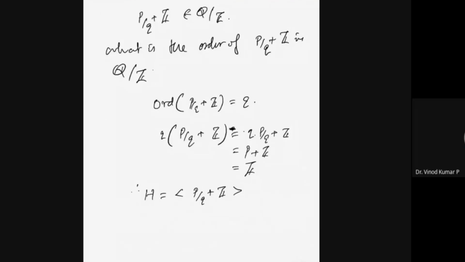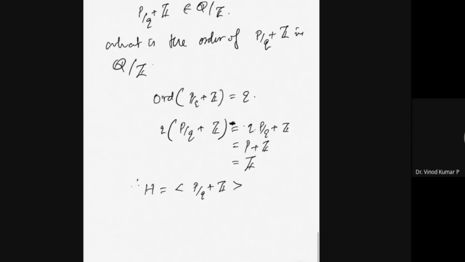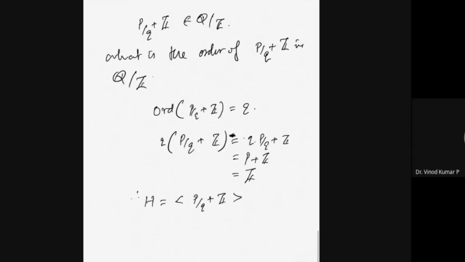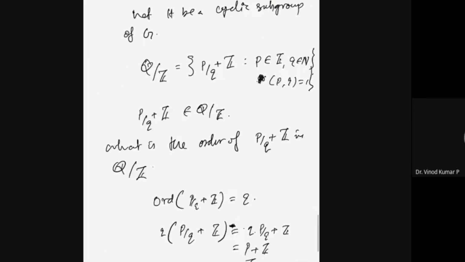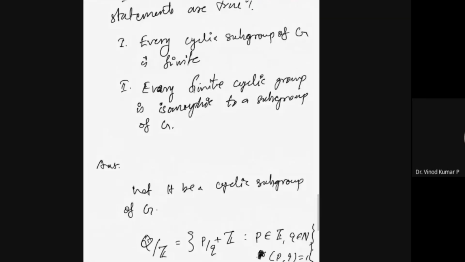So now you have a cyclic subgroup H generated by some element p by q plus Z. Then the cardinality of H is the same as the order of p by q plus Z, which is q. So this is finite. So statement 1 is true: every cyclic subgroup of G is finite.